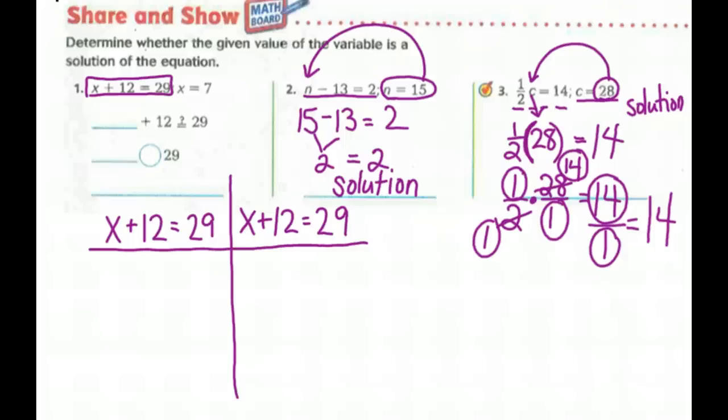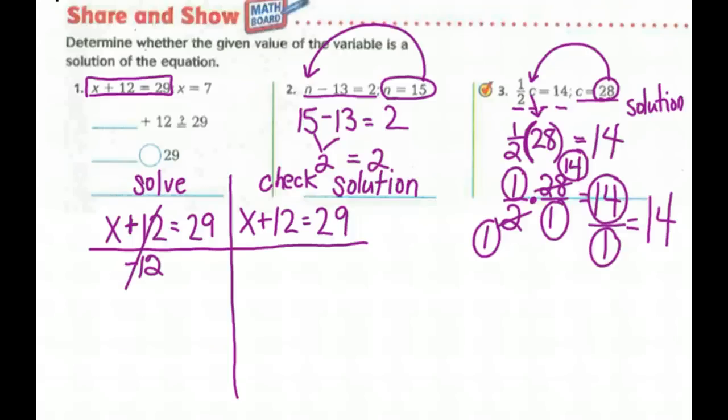So this side of the T-chart is the solving side, and this side is the checking side. So to solve this, if I see addition, I'm adding 12 here, and I want to solve it, I would take 12 away, because I want x to be on one side by itself.